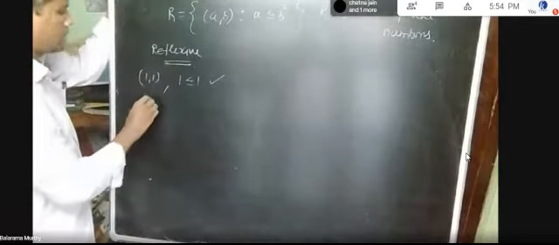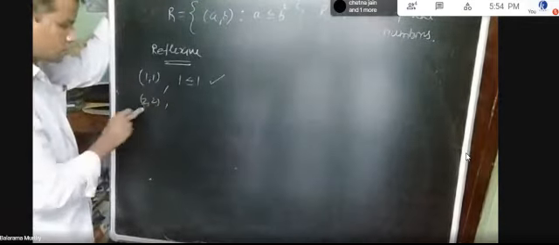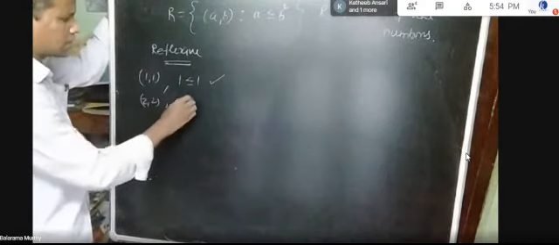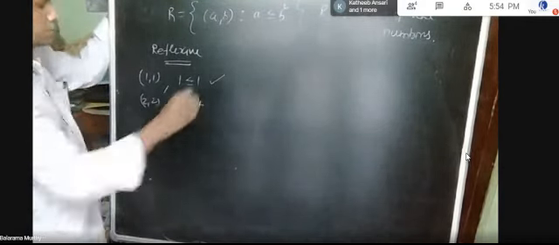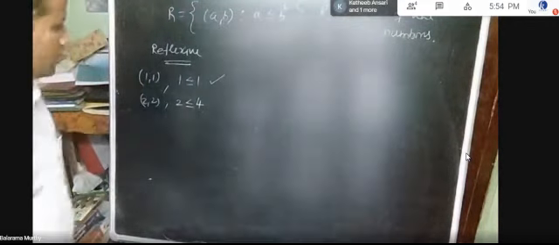Next, what they said here? R is a set of real numbers. Take another one, 2 comma 2. 2 is less than or equal to 4. Correct, Dharma? 2 is less than or equal to 4.